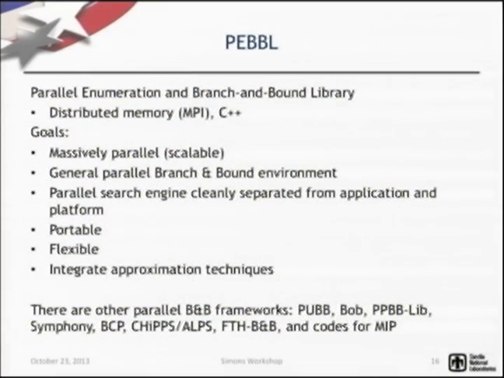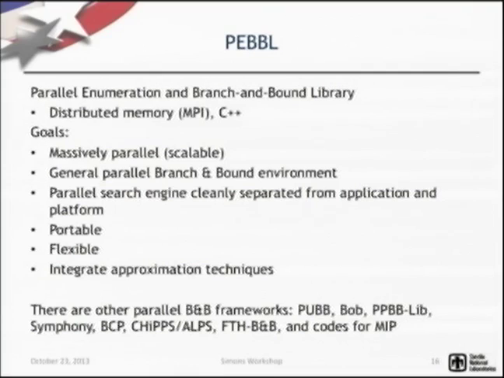Okay, so now that we've decided how we're going to implement these, we actually ran it in a system called PEBBL, our massively parallel branch and bound solver. PEBBL stands for Parallel Enumeration Branch and Bound Library. We're going to talk about enumeration later. First of all, we're just going to talk about finding a single optimal solution. This is a distributed memory system.